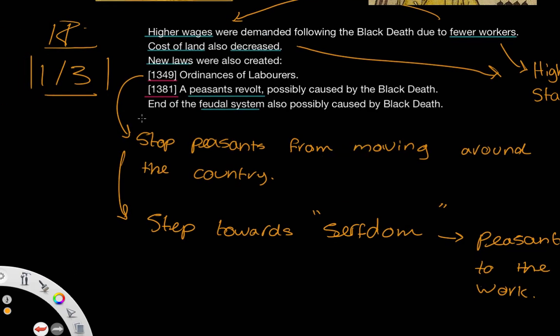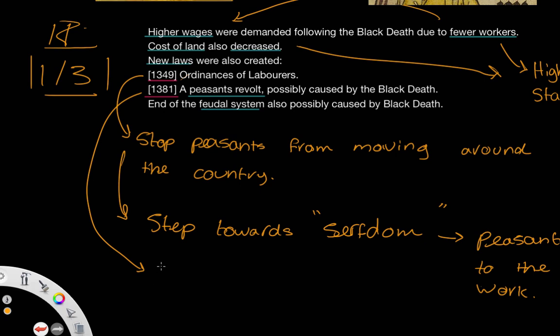However, we find in 1381 we have what was known as the Peasants Revolt. And we also get, not in the same year, but a few hundred years later, maybe the late 1400s, the end of the feudal system, okay, the feudal system of the medieval time.